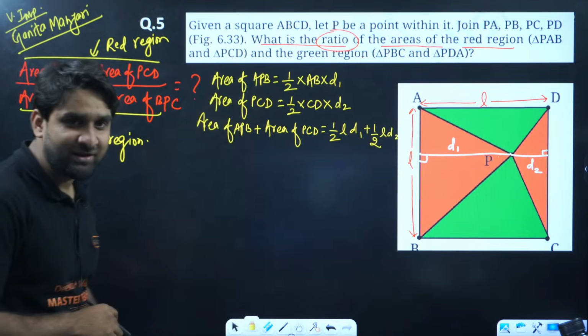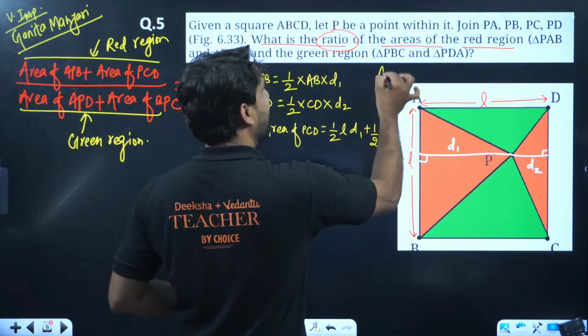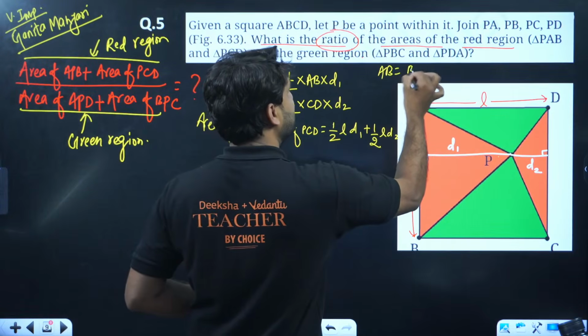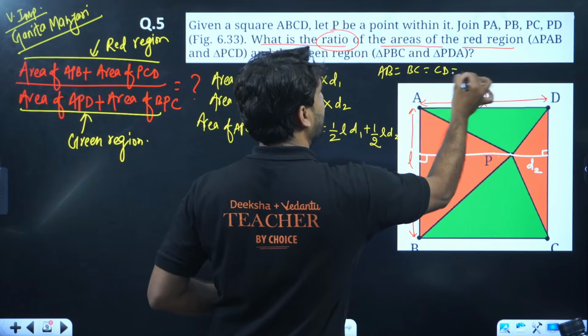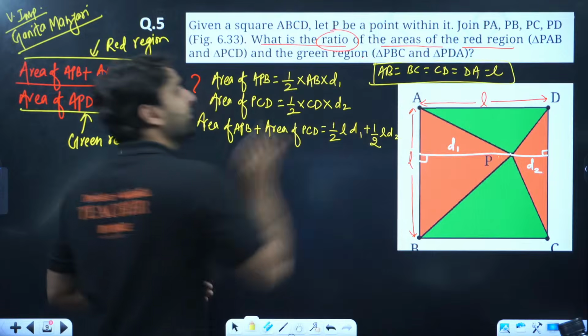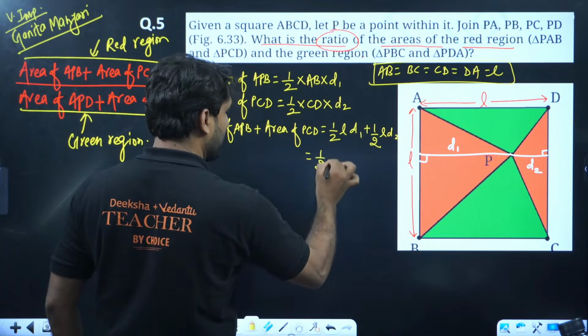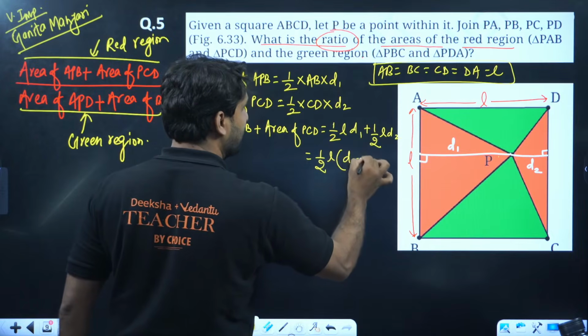Clear everyone? Because AB is equal to CD. Here AB is equal to BC is equal to CD is equal to DA is equal to L. Right? So we can take common 1/2 L. So we have D1 plus D2.